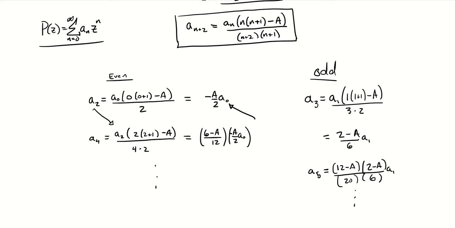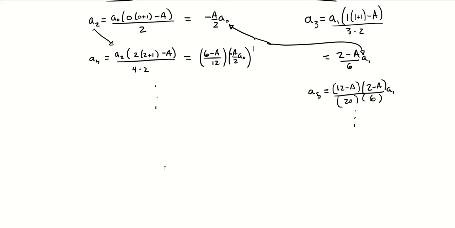These not yet determined a1 and a0 are actually set by normalization. Remember that this function has to be normalized, so that will determine a0 and a1, and the recursion relation determines all the other coefficients in that power series.